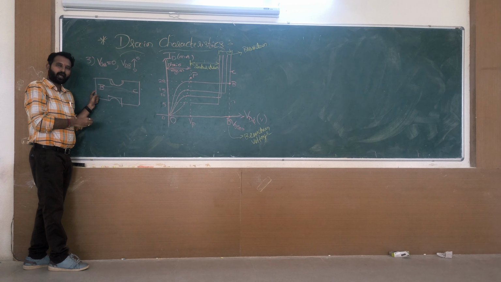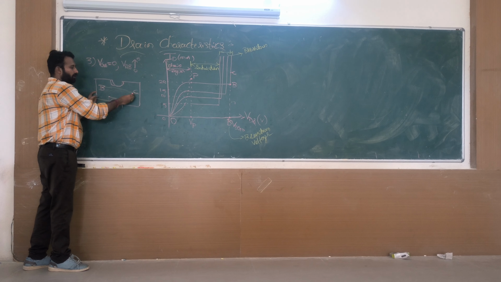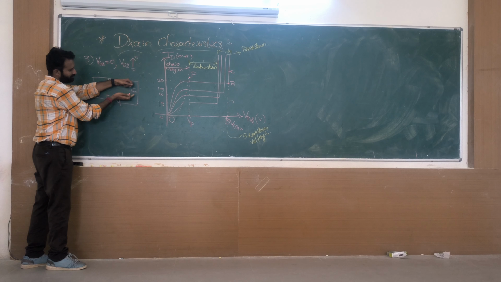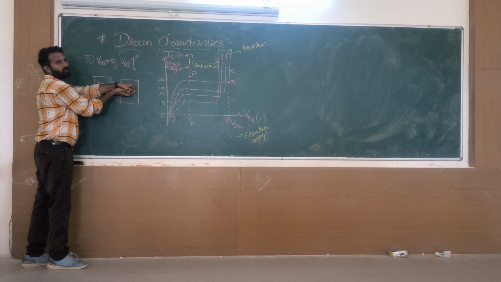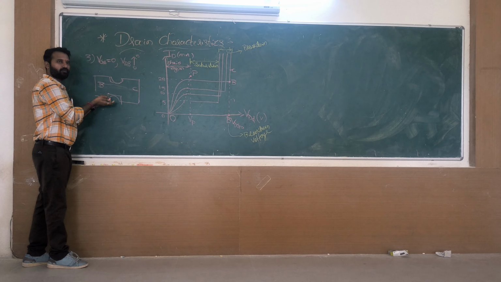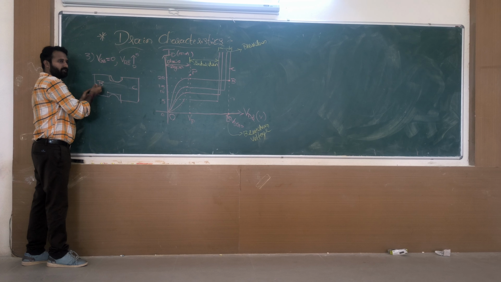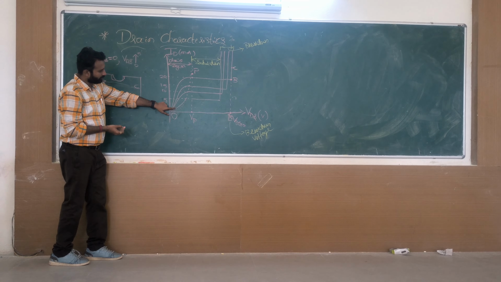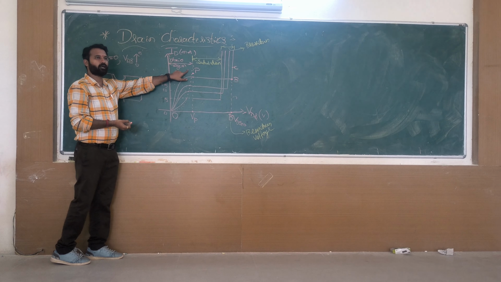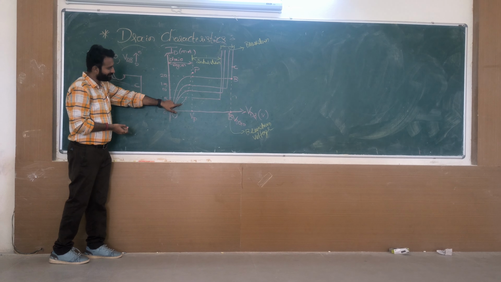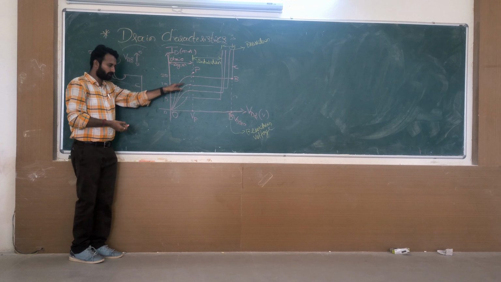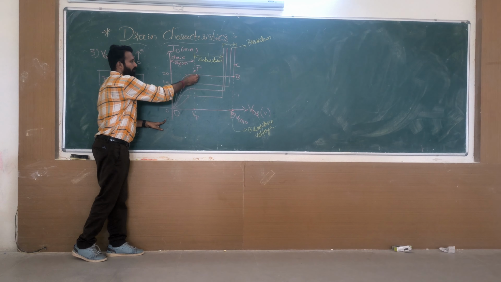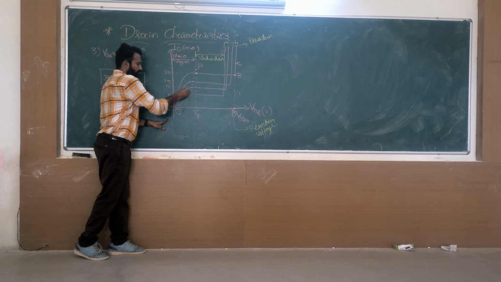So the area of the channel here is going to reduce when VDS increases. Majority carriers travel from B to C, from source to drain, which causes the increase in drain current. In the graph you can see the drain current is increasing linearly. This is your P point.